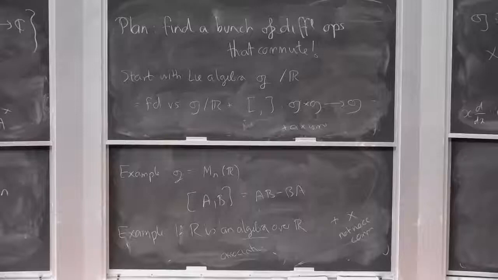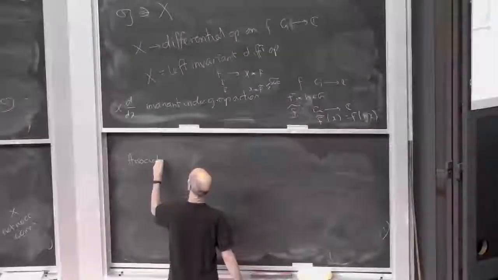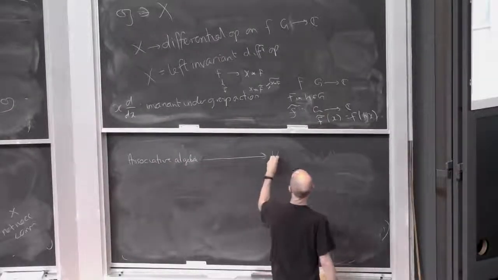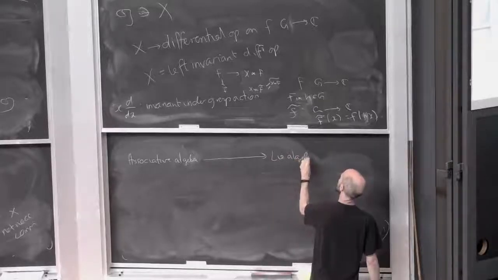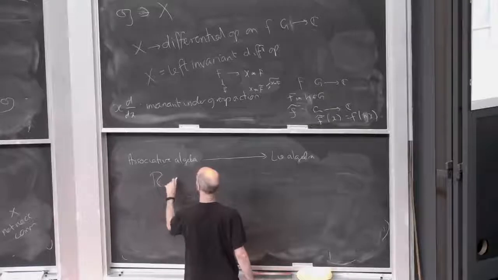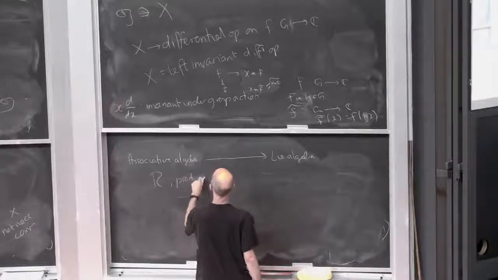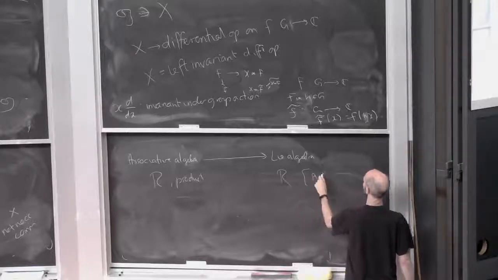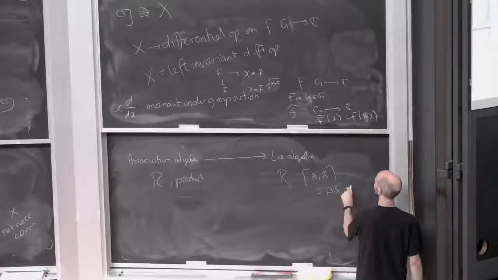And when you have a product, you can form a bracket, right? An associative algebra gives you a Lie algebra. Because you've got R and its product. Then you get the same Lie algebra R, and you define the bracket of A and B to be A times B minus B times A.